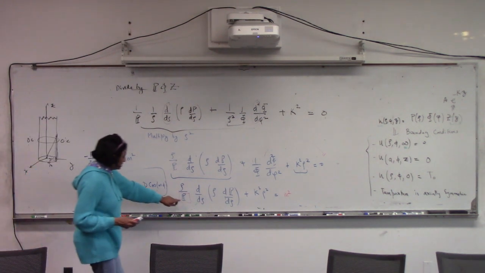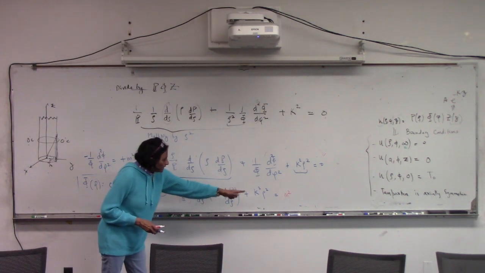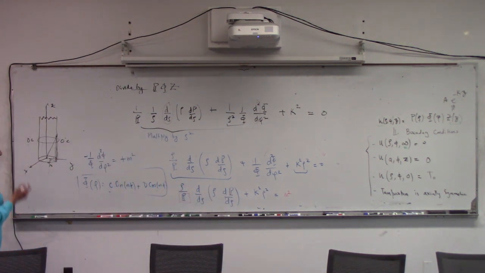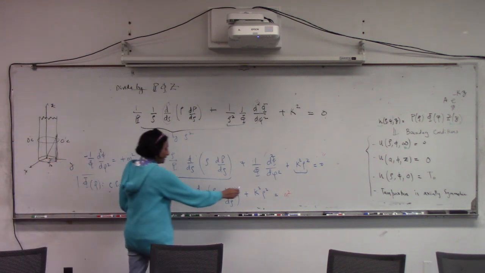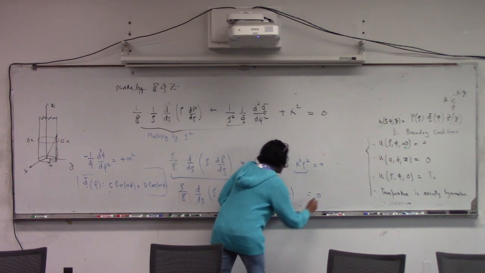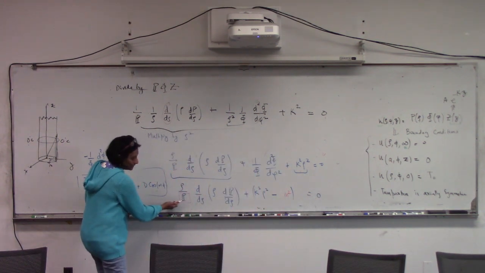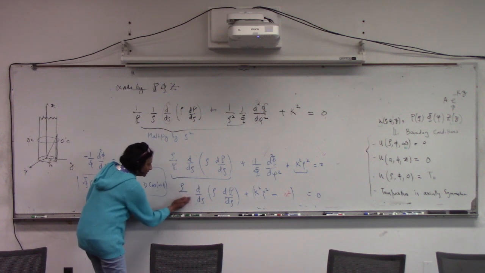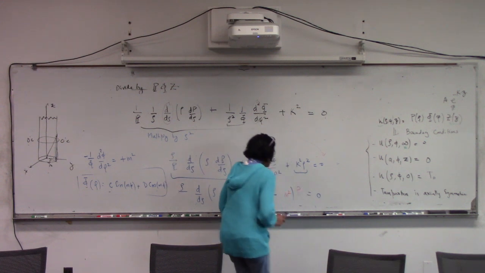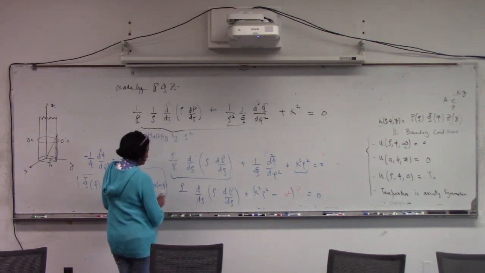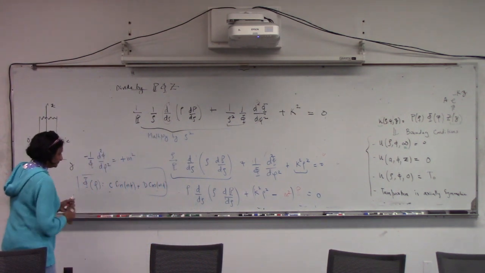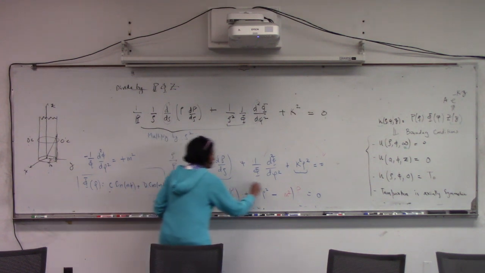So I'll bring m squared to this side, minus m squared equal to 0, and then multiply by p, so this p will go up here. So it looks like a normal differential equation. So this is your differential equation in rho.